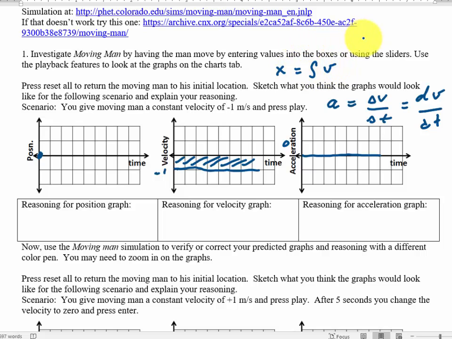The reason why I know that is because the velocity is the change in position over the change in time, or if you've seen calculus, dx/dt. So I can draw this thing increasing, and I know it's going to be linear.